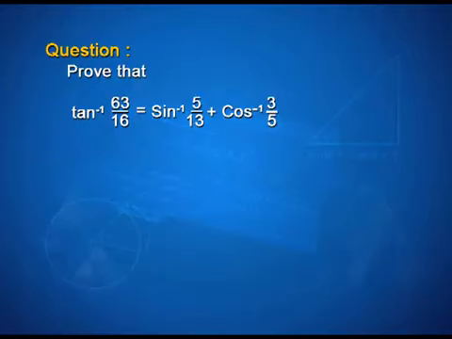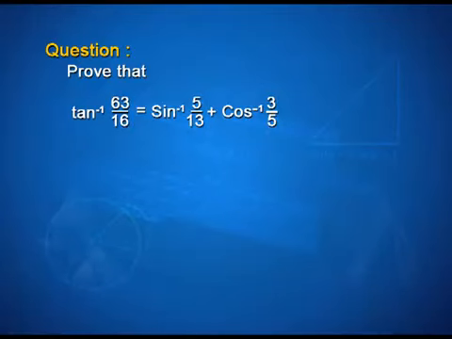The question says, prove that tan inverse 63 by 16 is equal to sin inverse 5 by 13 plus cos inverse of 3 by 5. Now, what do you see different in this problem, keeping in mind our first question that we did today? There is a tan inverse on the left hand side, and on the right hand side you have sin inverse and cos inverse terms.